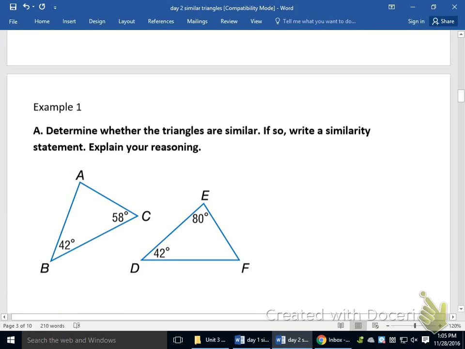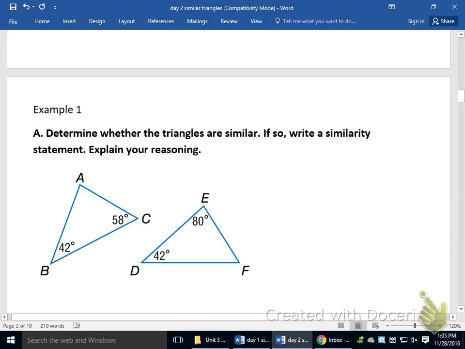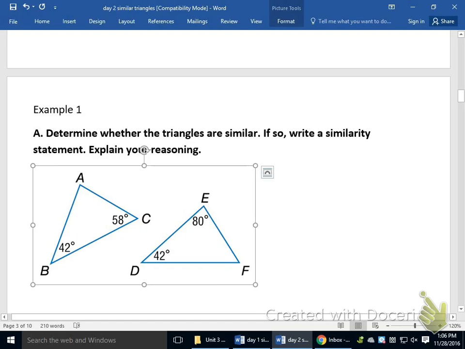This is to determine whether the triangles are similar. If so, write a similarity statement and explain your reasoning. Before you pass judgment on a problem, you want to calculate the missing angles really quick. If I take 42 and 58 off of 180, I get 80 degrees for angle A. Let me get my drawing tool here. And that shows me enough right now.